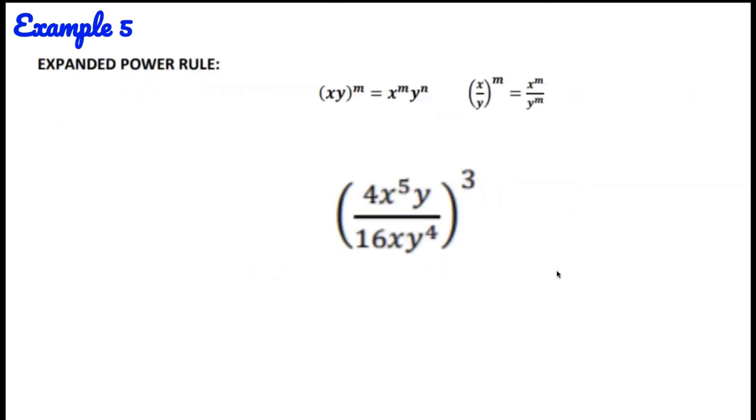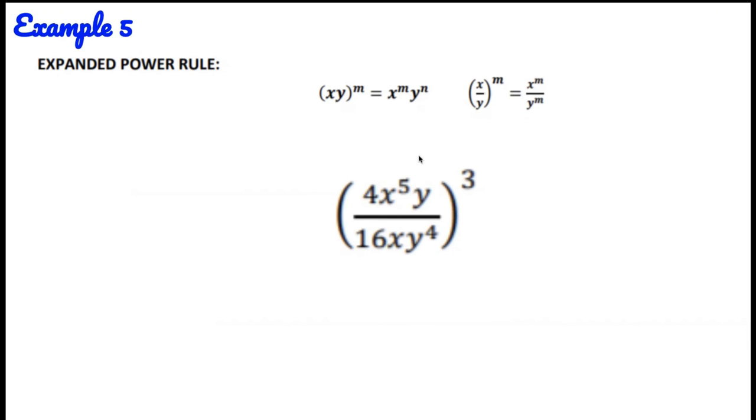All right, let me go ahead and clear and go on to our next one, our expanded power rule. So here it's telling us whenever we have multiple factors inside of our parentheses and we have a power outside, we can go ahead and distribute that power to every single factor that's inside, every single factor on the numerator and denominator.